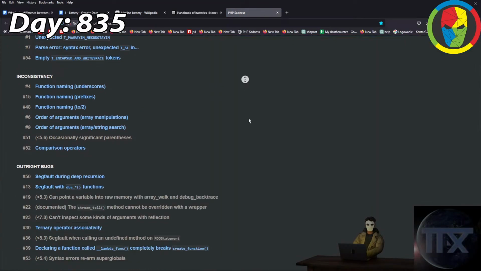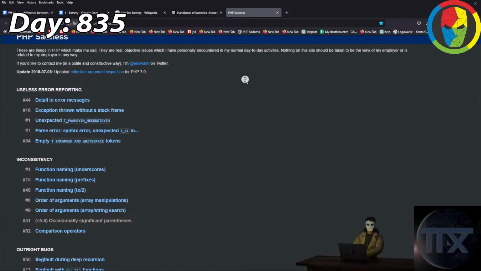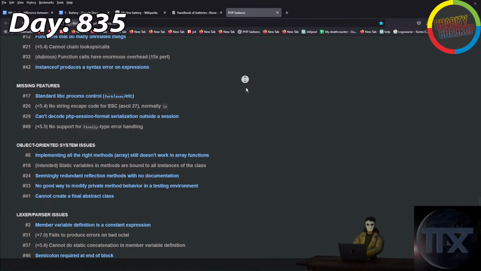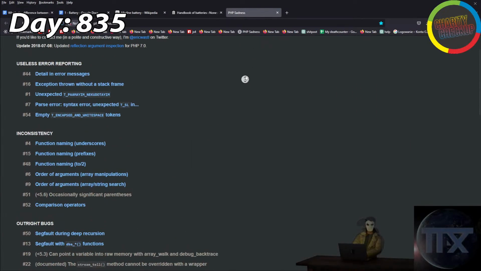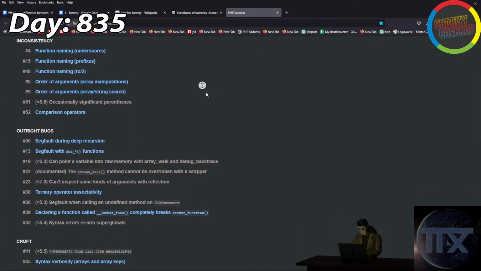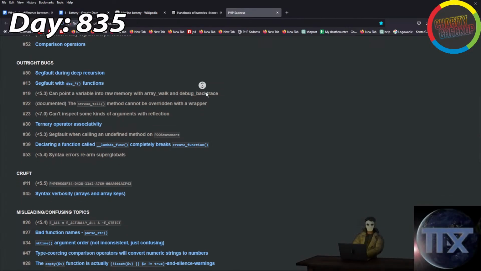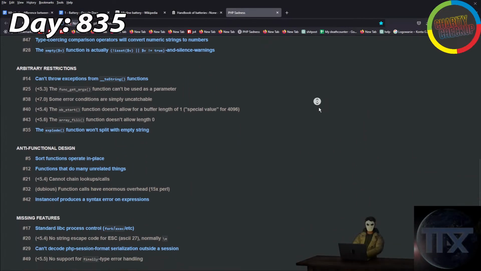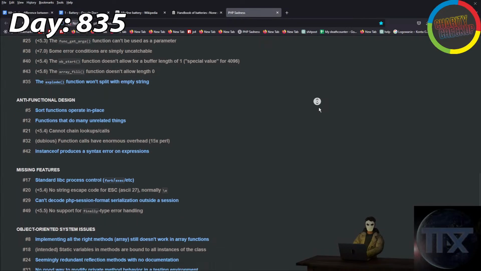And right here you have how many? 52. Looking for the highest number. 54 reasons why PHP is awful. Okay, so web development backend just is awful in general.